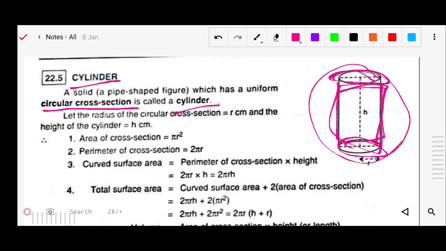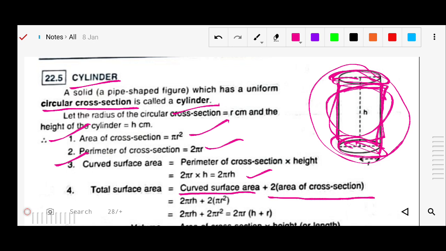For this we have the cross-sectional area pi r square, and perimeter 2 pi r, the same formulas as for the circle. The curved surface area is the perimeter of the cross section into height, 2 pi r h. The total surface area is the curved surface area plus 2 into the area of cross section: 2 pi r h plus 2 pi r square.